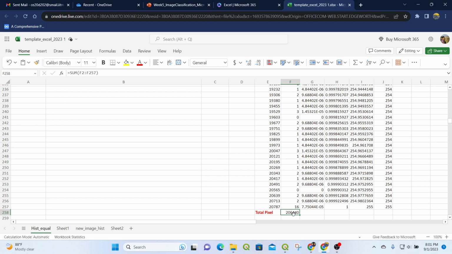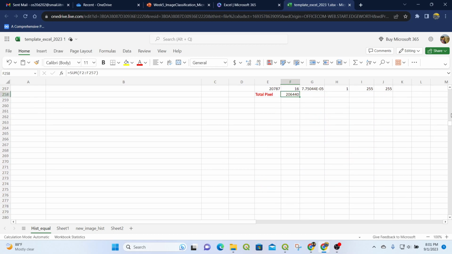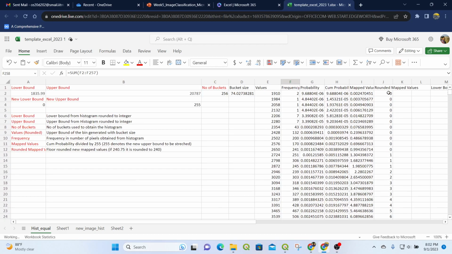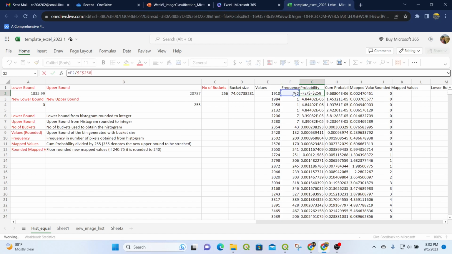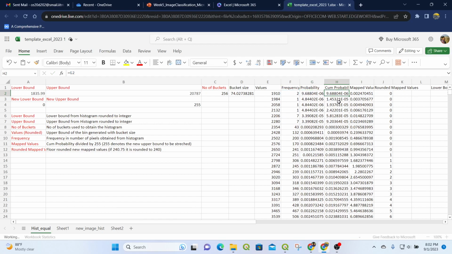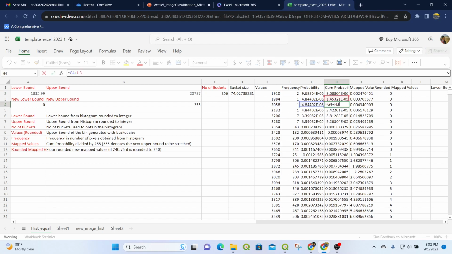So this many number of pixels are there, and then this frequency is divided by the total number of pixels. You will get the probability, and then you can find out the cumulative probability. So this is the previous probability plus the current probability.